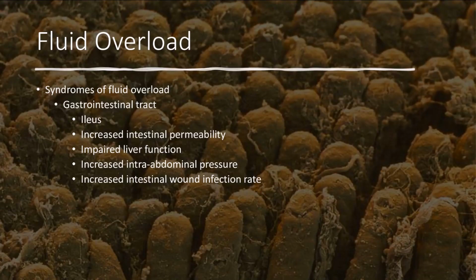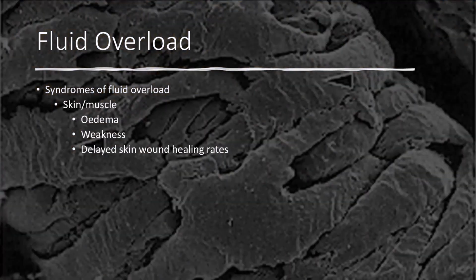In terms of the gastrointestinal tract, we get ileus, we get impaired liver function, increased intra-abdominal pressure, which causes a decrease in blood flow to all of the organs in the abdomen, and increased intestinal wound infection rate. So if you've done surgery to remove an intestinal foreign body, or to repair an intestinal perforation, your poor little surgery site will do worse if your patients are volume overloaded.